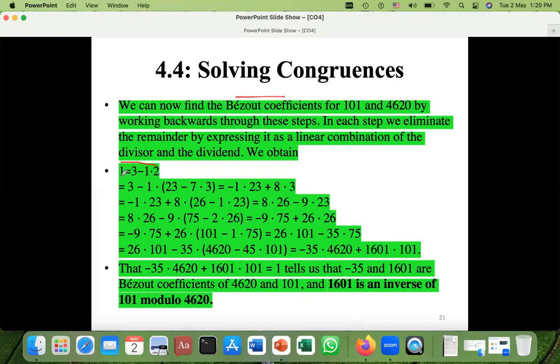So we are starting with this: 1 is equal to, on the right hand side, 3 minus 1.2. And now you have to put values for this 3 or 1.2, whatever fits. From where can you get these values?